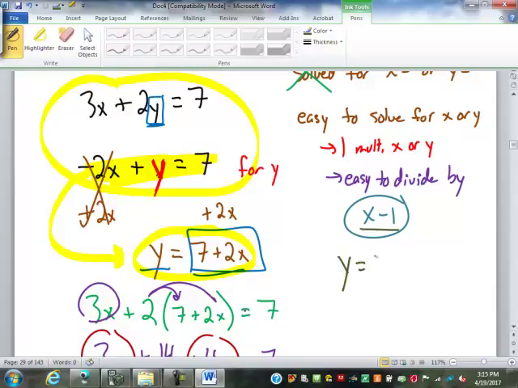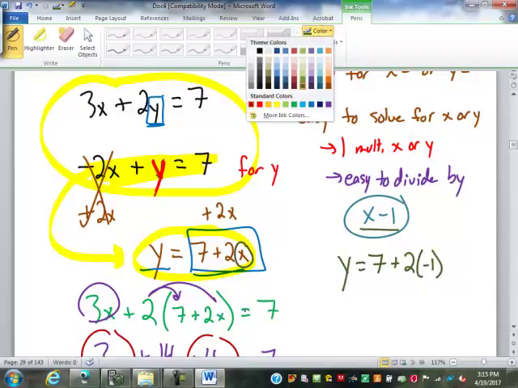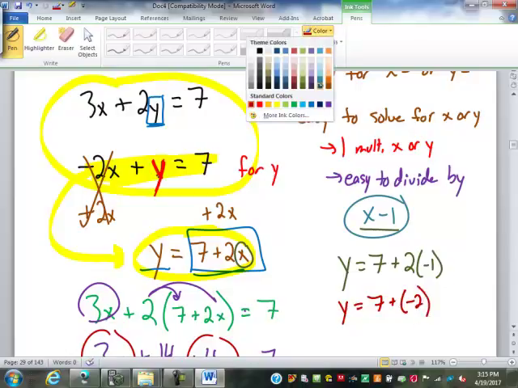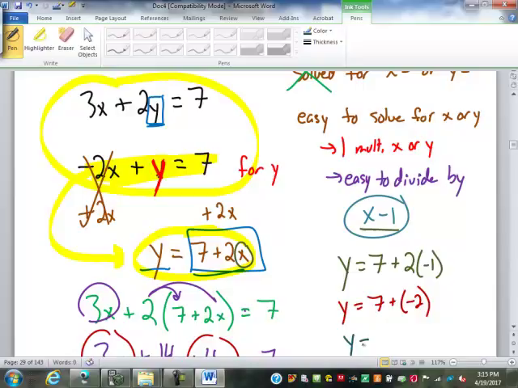So y equals 7 plus 2 times x. Well, instead of x, I'm going to put in negative 1. So y equals 7 plus, what's 2 times negative 1? Negative 2. And what is 7 plus negative 2? Positive 5. So y equals 5.